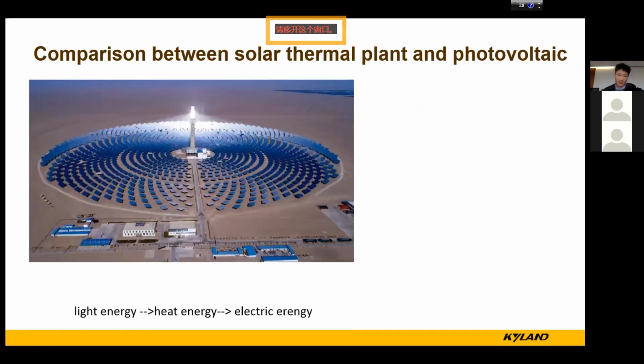And this is a solar thermal plant. You can see it is just something like this, and it is a circle.